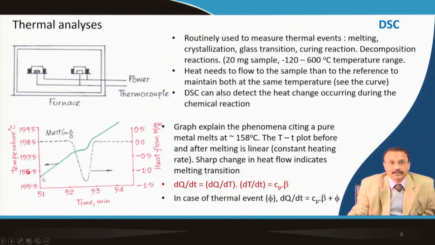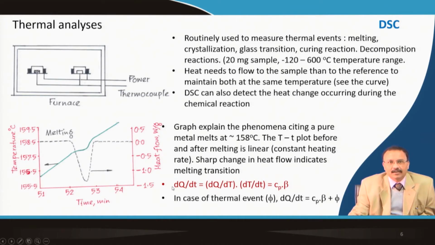If you have the T versus t curve, this is the heating curve, temperature versus time. Before and after the melting it is linear, it maintains the constant heating rate. But there is a sharp change in the heat flow in case of DSC. In the temperature curve it could be just some kind of anomaly, but here there is a sharp change in the heat flow that identifies the melting transition very clearly.